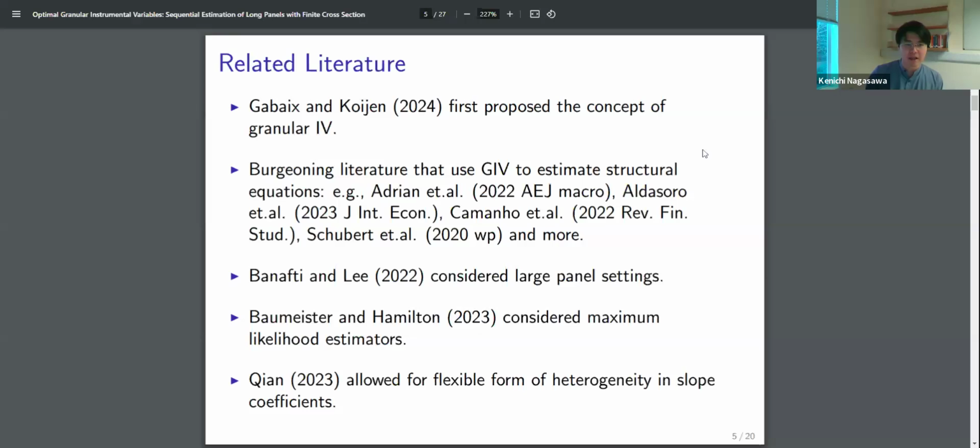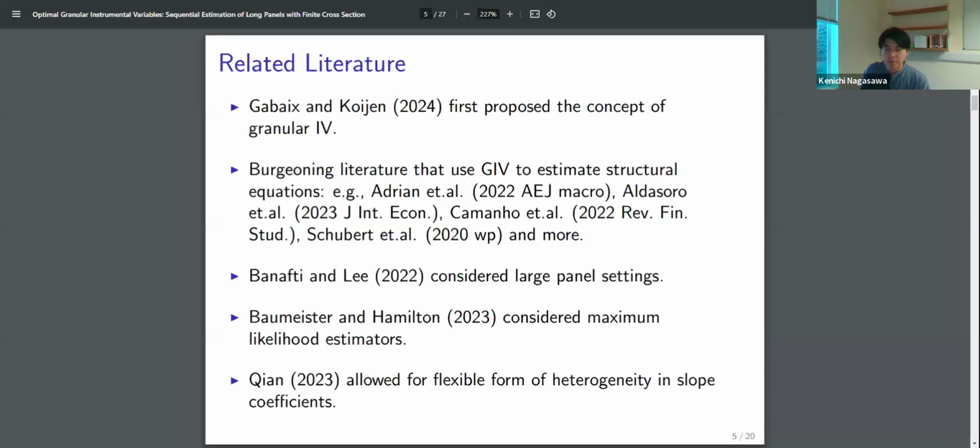I already said that Gabaix and Koijen started this literature, which is a growing recent empirical literature, and there are also several papers that look at the econometric theory aspect of the granular IV. I just listed three papers here. Banafti and Lee consider large panel settings where the number of cross-sectional units also goes to infinity, and there are theoretical challenges in that setting.